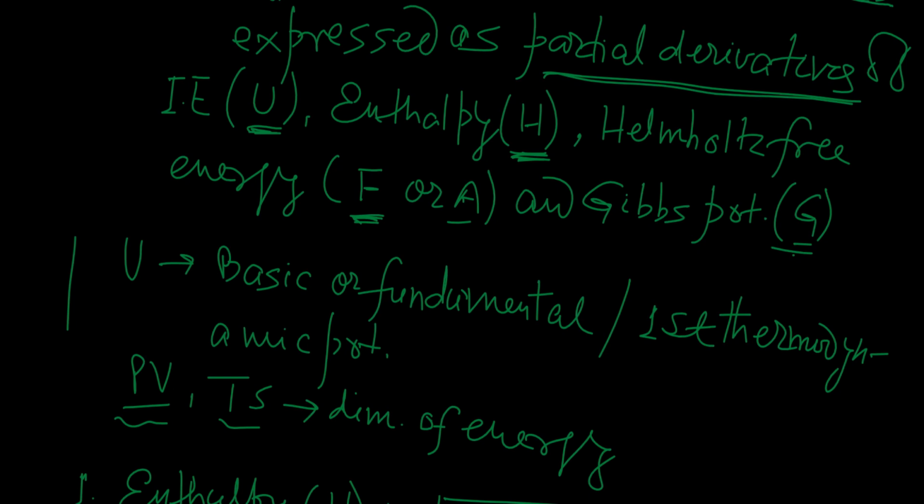These thermodynamical coordinates P, V, T, S will be expressed as partial derivatives of internal energy, denoted by the symbol U, and enthalpy.